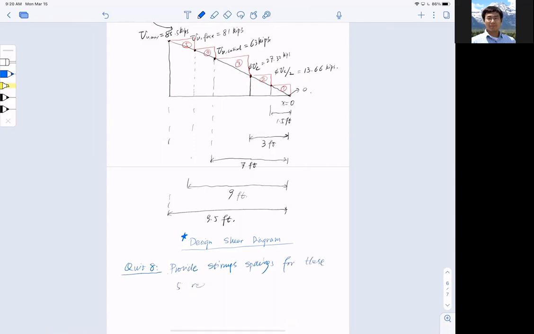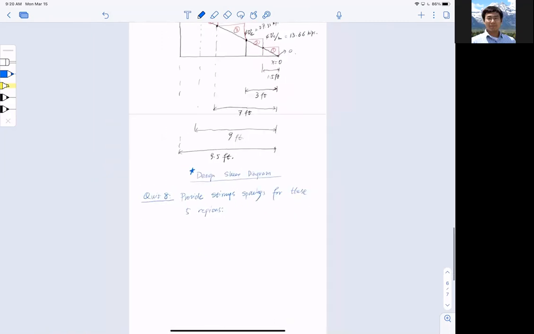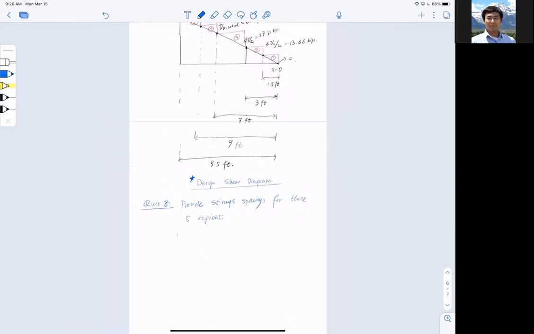To be more precise, let's just assume number 3 stirrups, of course, with 60 ksi of yield strength. That is fyt, 60 ksi.